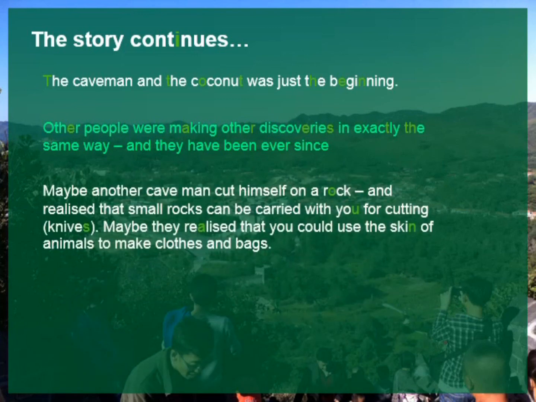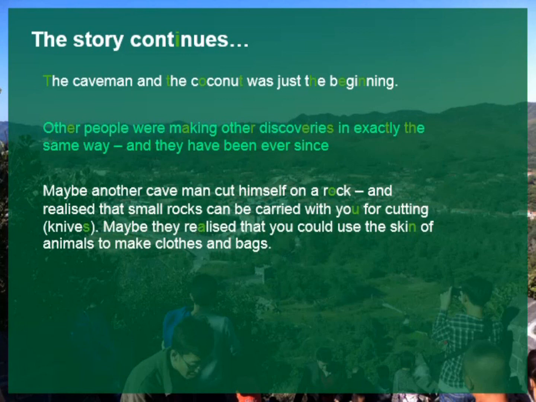So maybe another caveman was climbing one day and he cut himself on a rock and realized that small rocks can be carried with you for cutting things, and he's now invented a knife. Maybe someone else took his knife and realized you can use a knife to skin an animal and make clothes and bags.